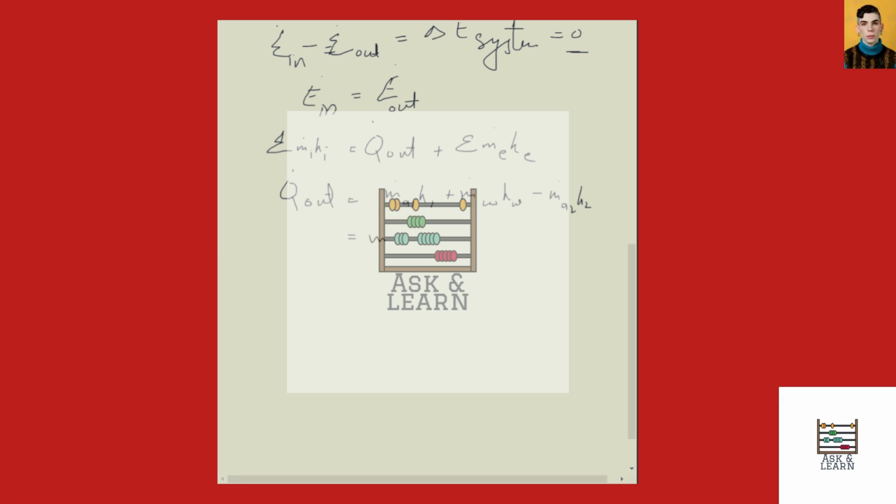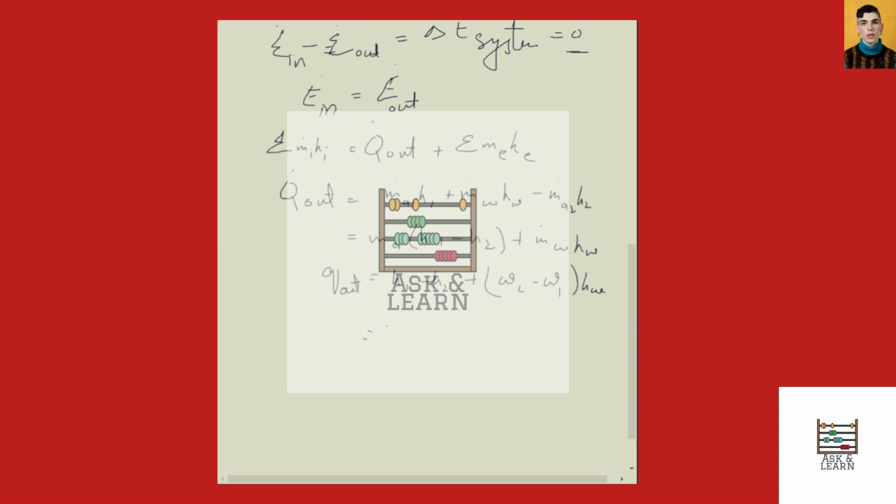Taking m dot a common, h1 minus h2 plus m dot w into enthalpy of water, and here the Q out comes h1 minus h2 plus ω2 minus ω1 into enthalpy of water.